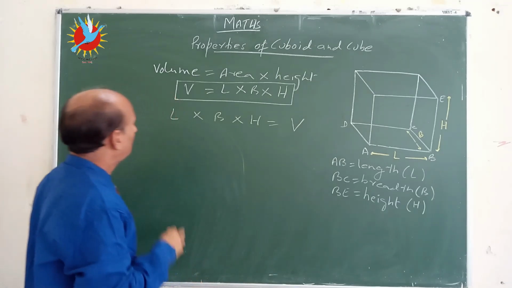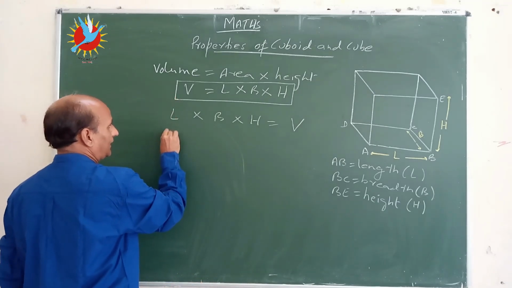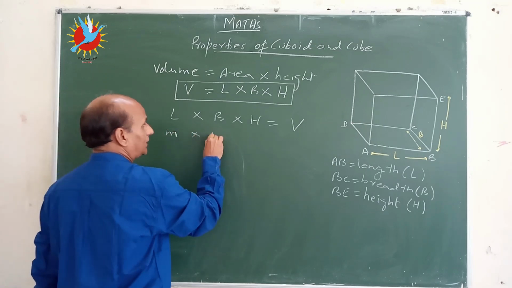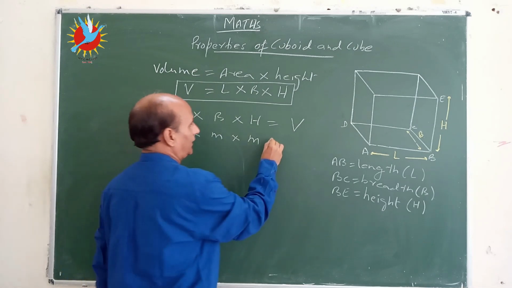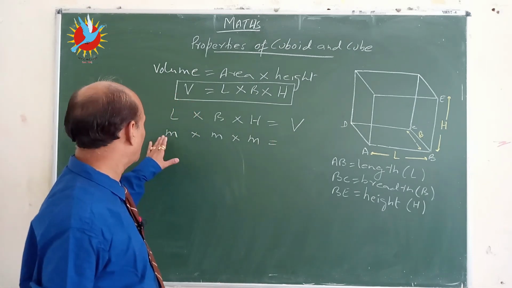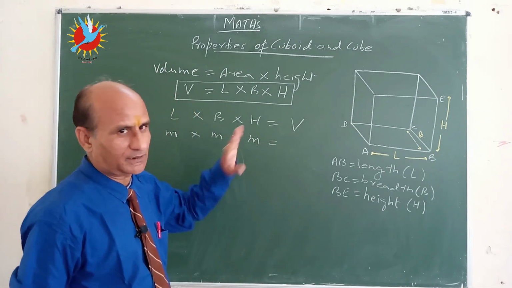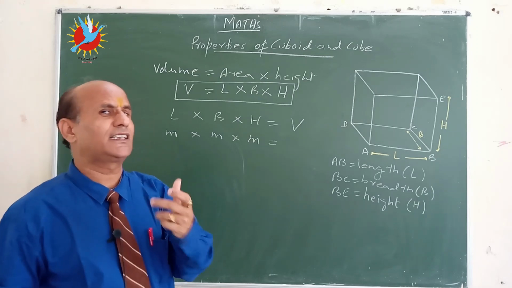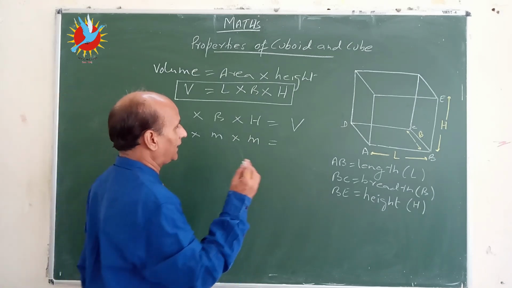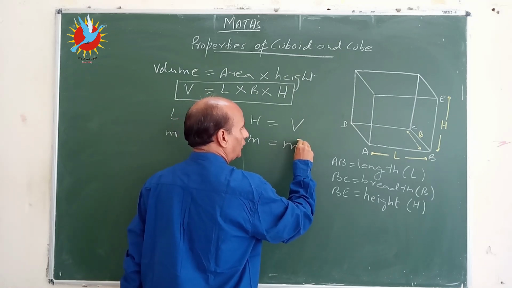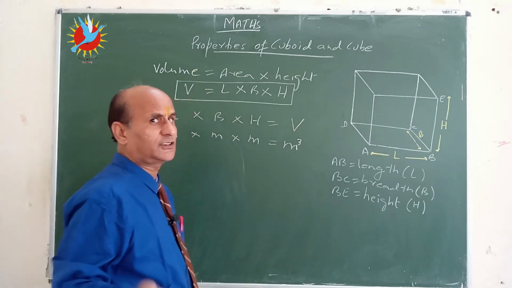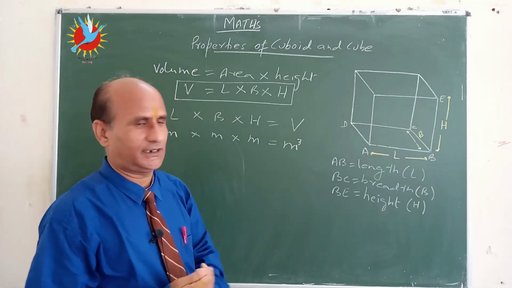So if the length is in meter, width is also in meter, and height is also in meter, then there are 3 meters: meter multiplied by meter multiplied by meter. In mathematics they are called cubic meter, but you can write m^3. This 3 is the power of m, and we read it as cubic meter or m ki power 3.